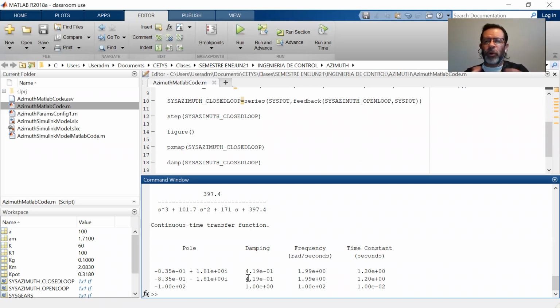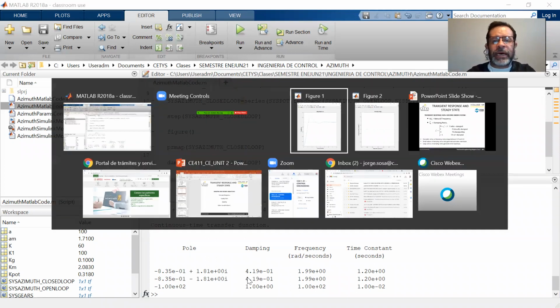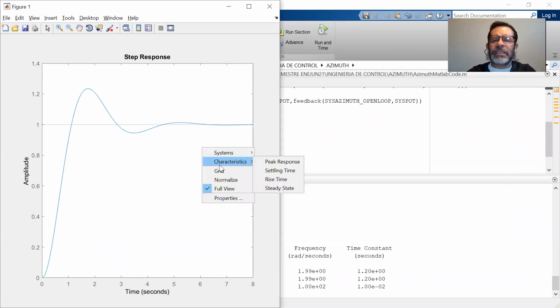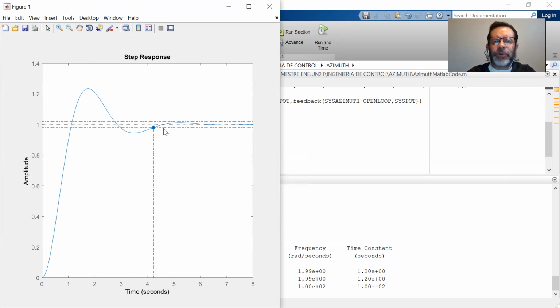And the damping was 0.1. Now we've got a damping of 0.4, and notice that for a damping of 0.4, we've got less of an overshoot. It's still around 20%, but the settling time wasn't affected that much. So we still have a pretty good settling time. The settling time could be improved, but it didn't change drastically from the other ones.